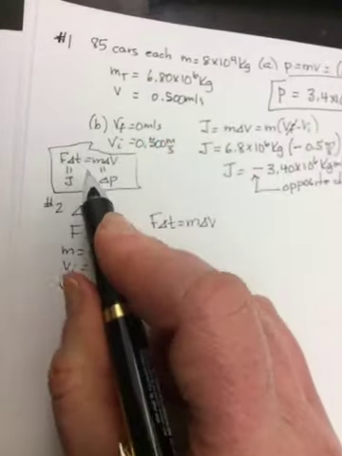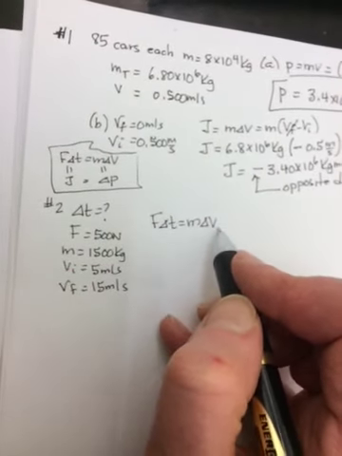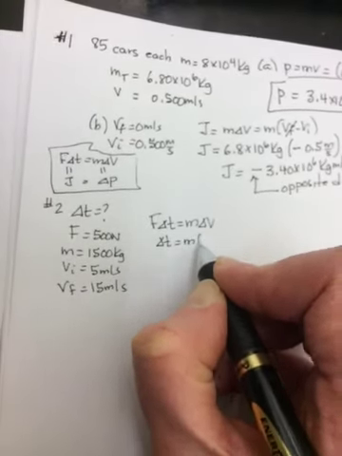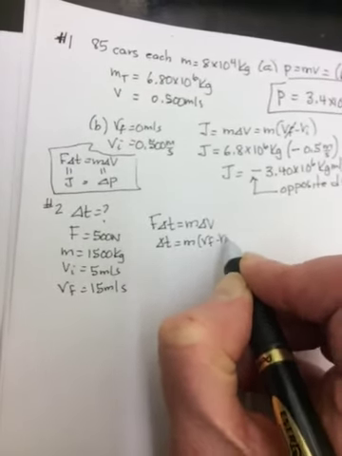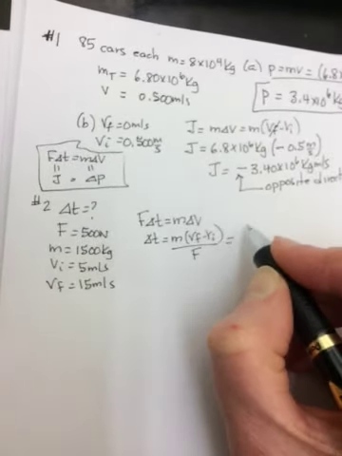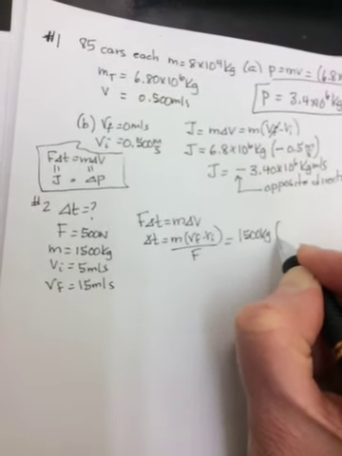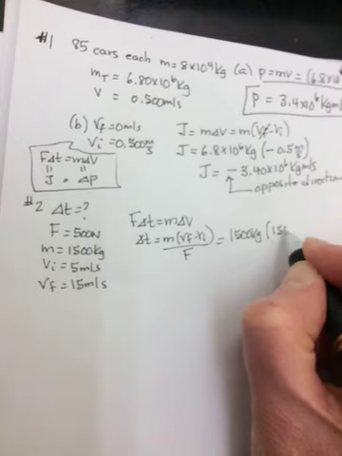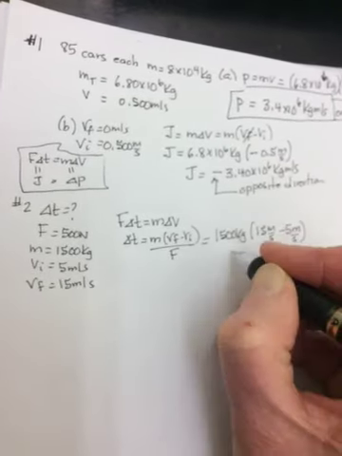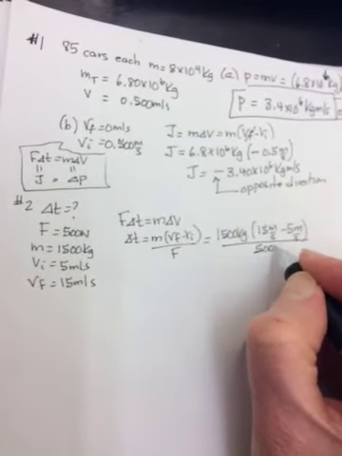So this time the 2 corners I'm picking are the top ones because I have an F, I want a delta T, I have an M, I have a delta V. So delta T is equal to m(VF minus VI) over F. So M, 1500 kilograms, VF, 15 meters per second, VI, 5 meters per second, and over F, 500 newtons.